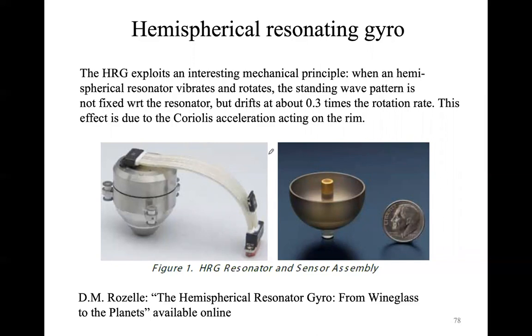But what you have to keep in mind is that these hemispherical resonating gyroscopes are indeed based on a mechanical principle. They are not based, like a laser gyroscope, on the Sagnac effect, but on the fact that a wine glass shaped body in vibration will keep inertial properties that are stable over time.